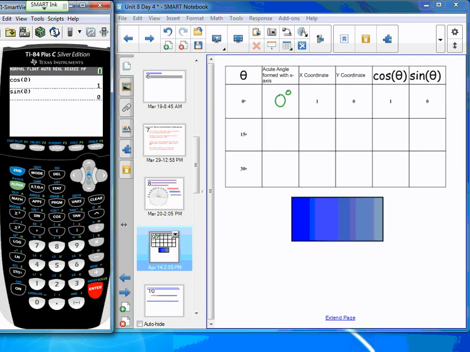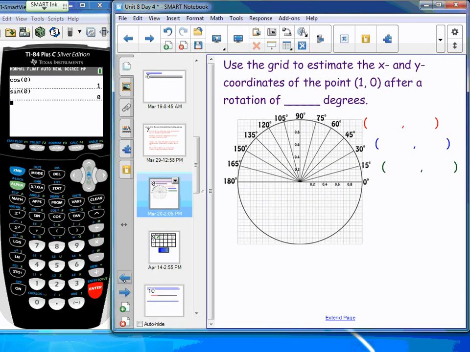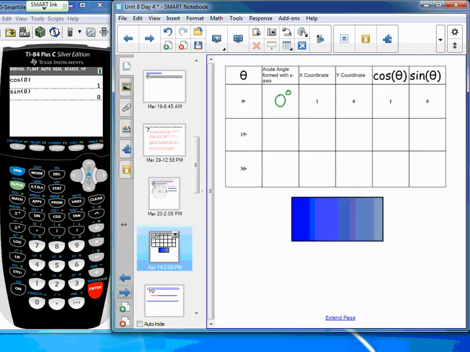Okay, now what we're going to do is take this initial point, that's (1, 0), and we're going to spin it. First, we're going to spin it 15 degrees, right? If we spun that point 15 degrees, we'd be up a little bit off of the x-axis over here in quadrant 1.